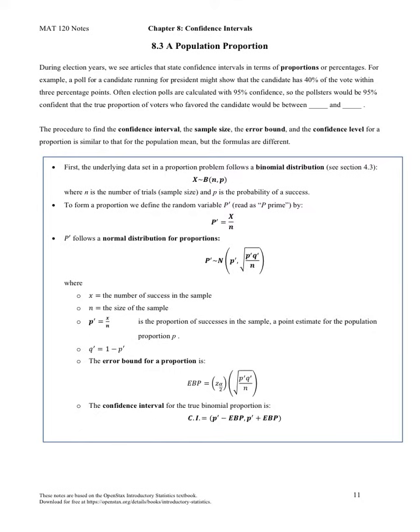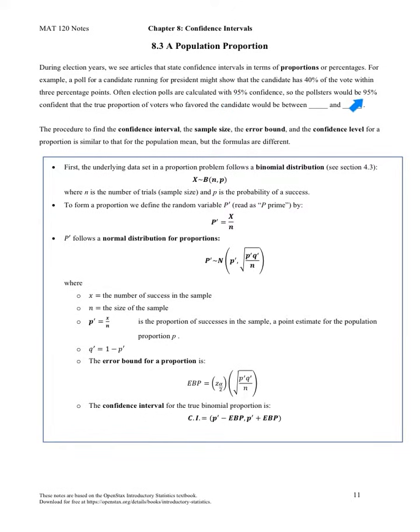If you were to hear a poll that said a certain candidate running for president has 40% of the vote within 3 percentage points, most election polls are often calculated with 95% confidence.